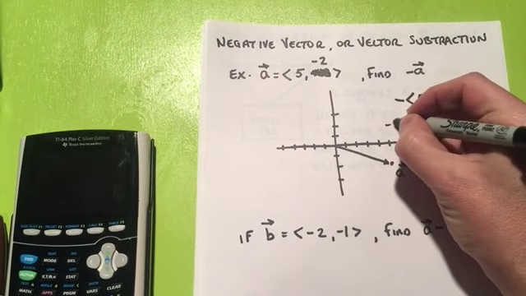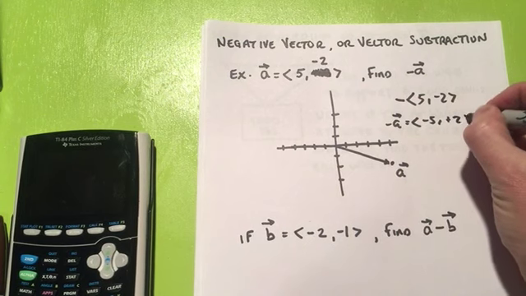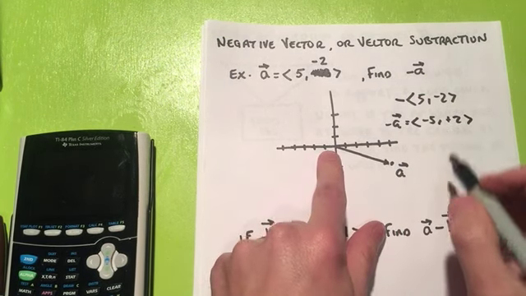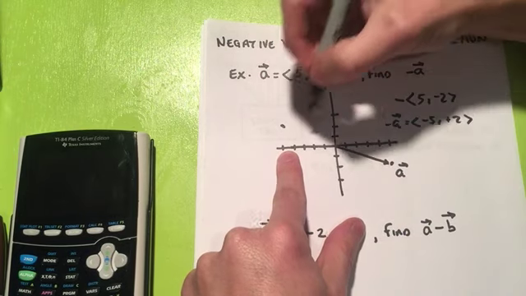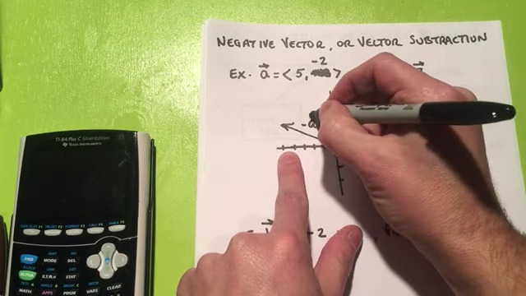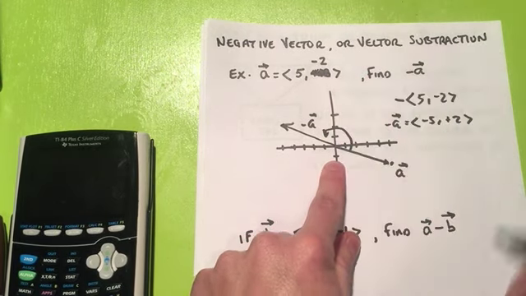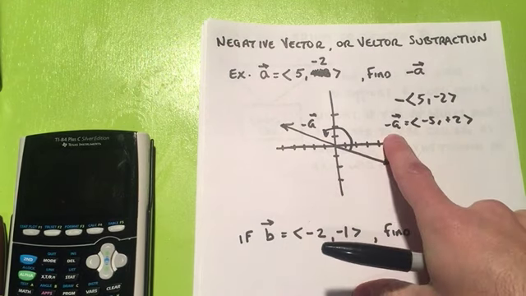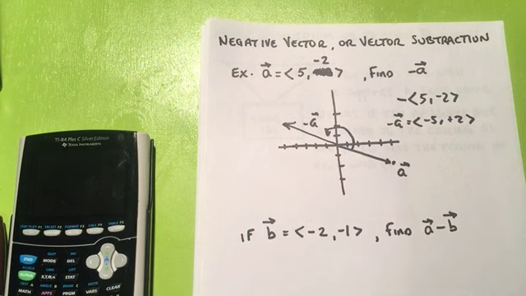Thinking of that vector, we go 1, 2, 3, 4, 5 left, 1, 2 up. Same exact vector in terms of magnitude, but it's the opposite direction. So if we have a negative vector, it is the same magnitude, just in the opposite direction.